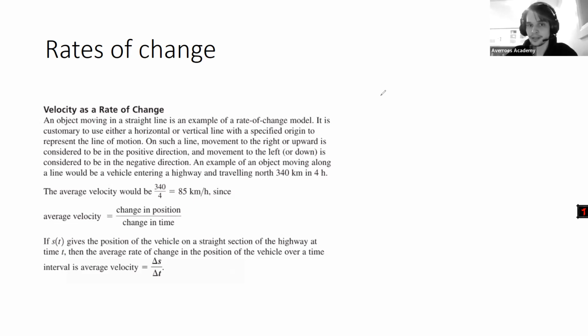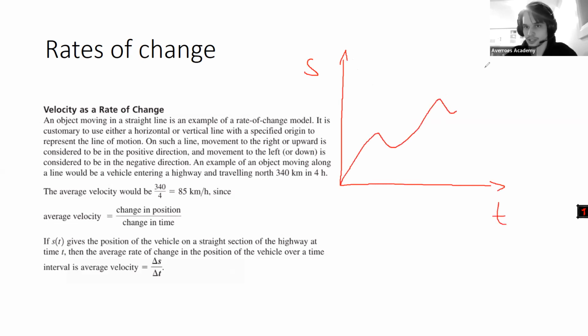For example, if we're talking about a formula that describes distance by time, let's say the formula looks something like this. It would mean that we went straight forward, then returned back, then turned around, something like that, right?